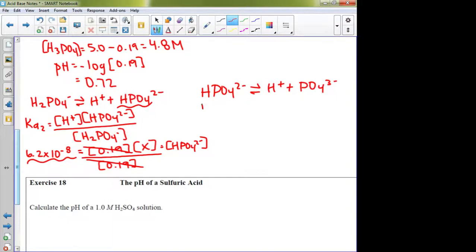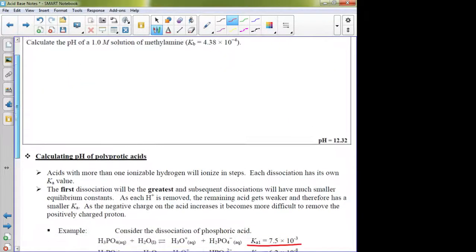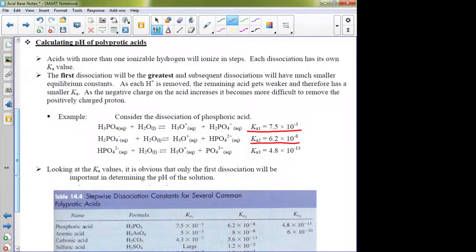So I know my Ka3 is going to be equal to the concentration of hydrogen times the concentration of PO4 3 negative, divided by the concentration of HPO4 2 negative. So I go back to the page before and pull my Ka3 value, which is 4.8 times 10 to the negative 13th.